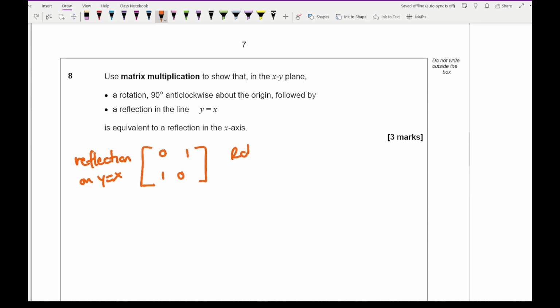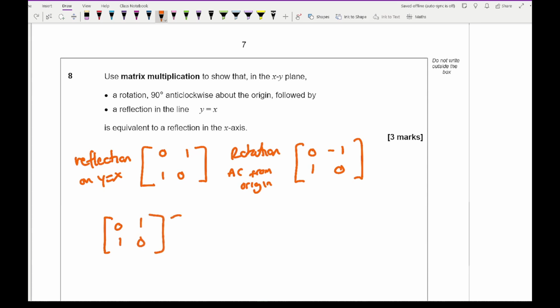And the rotation anticlockwise from the origin has a matrix of 0, 1, minus 1, 0. So then doing the multiplication, what we find is we've got 0, 1, 1, 0 multiplied by 0, minus 1, 1, 0.